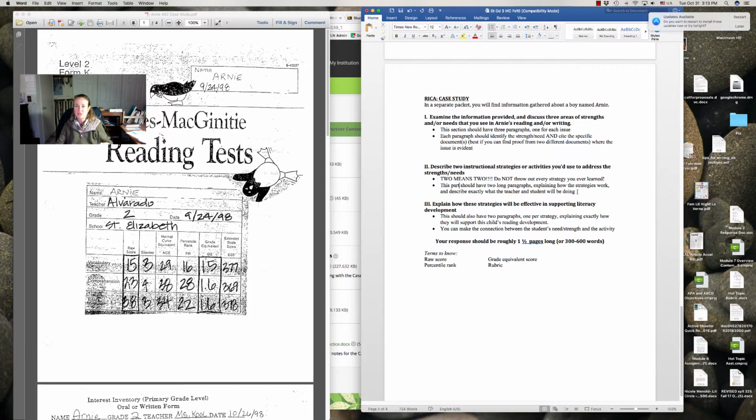So this should be 2 different paragraphs explaining how the strategies work, and what you'll do to teach them and what the child will be doing to practice. And then finally, and maybe even most importantly, how will these be effective in supporting literacy development? So we've talked about this before.